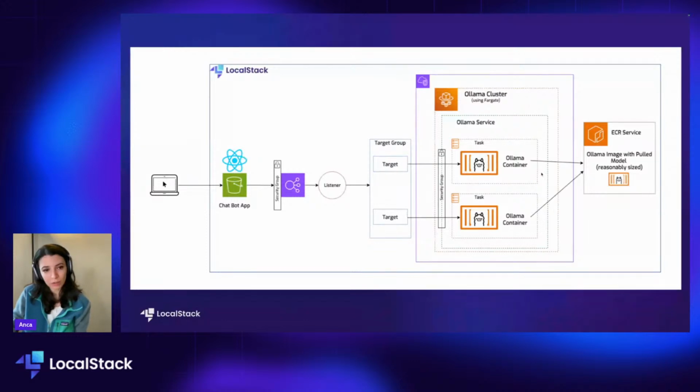We have two security groups, one here for the load balancer and one for the service over here, and this one will only allow traffic to come in from the load balancer. And of course, we have our images. We will build them, and we will push them to an ECR repository. All of this is running on LocalStack. And again, at the end, I will show you how everything is running on AWS, the exact same thing.